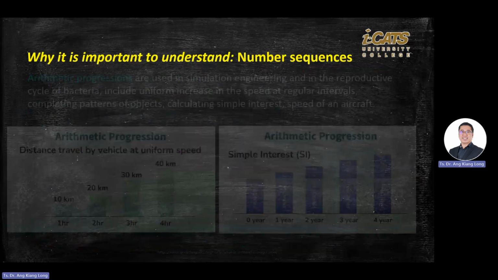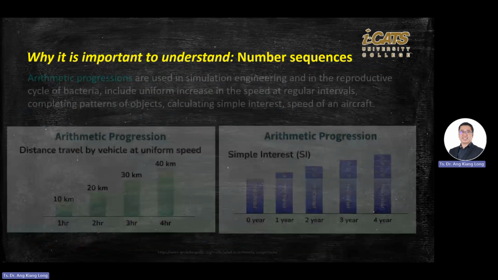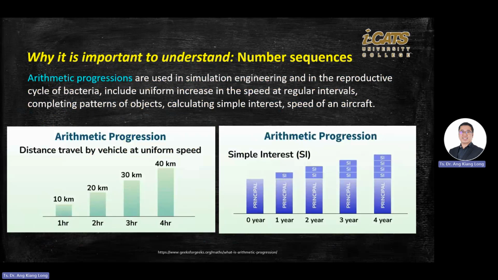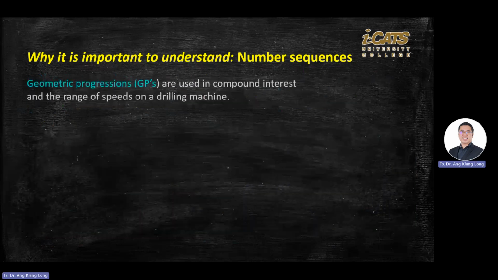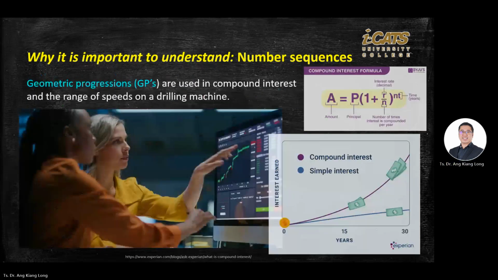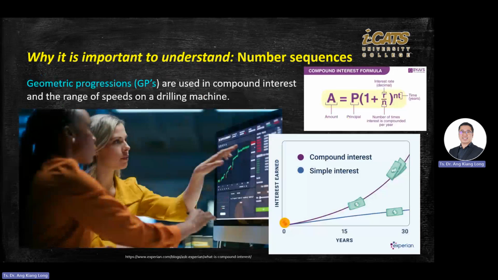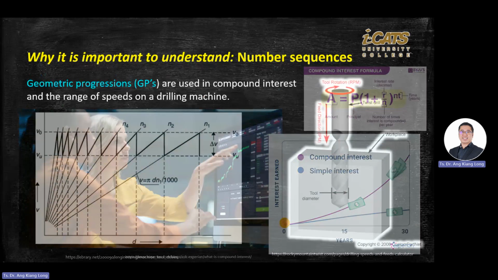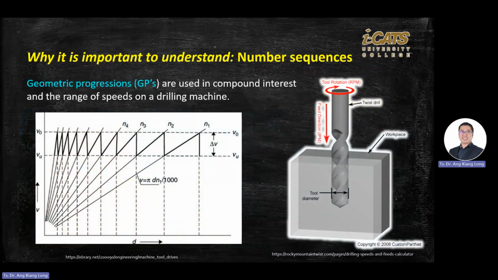One is AP, which is in linear form. GP is exponential. With GP, you cannot draw it in linear form. You will see it in log form and so on.